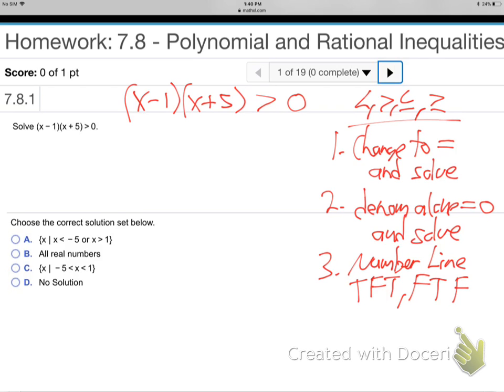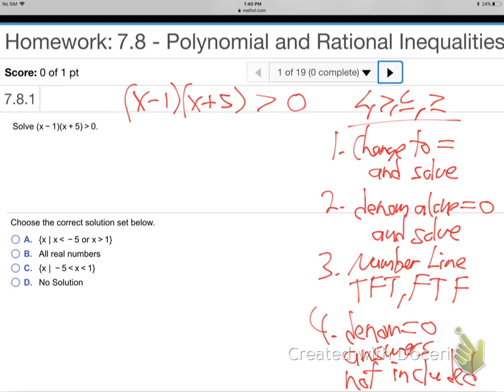Step 4, denominator equals 0 answers not included.